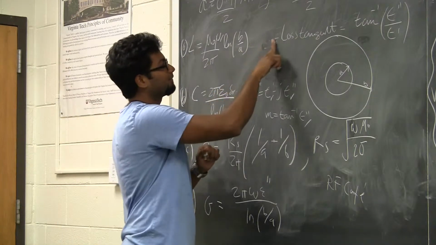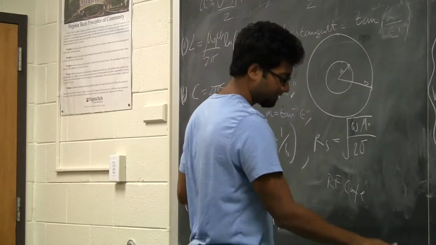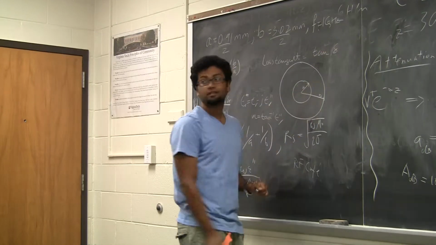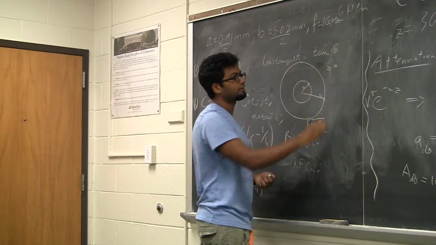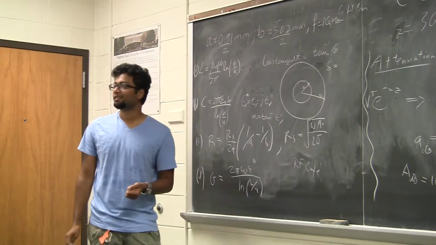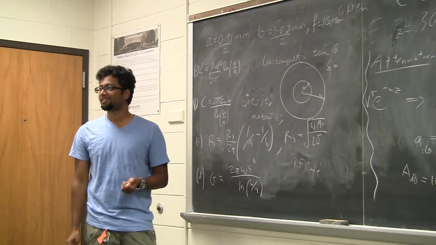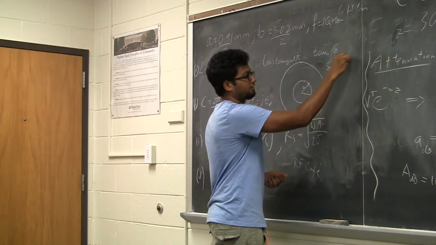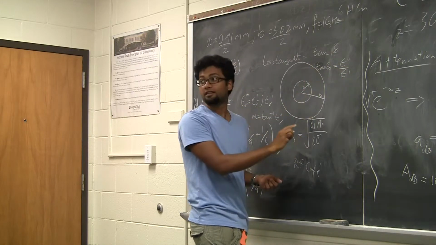Okay, so hold on. Here's what you're trying to say, right? Loss tangent is tan delta, where delta is... tangent of delta equals epsilon double prime over epsilon prime.